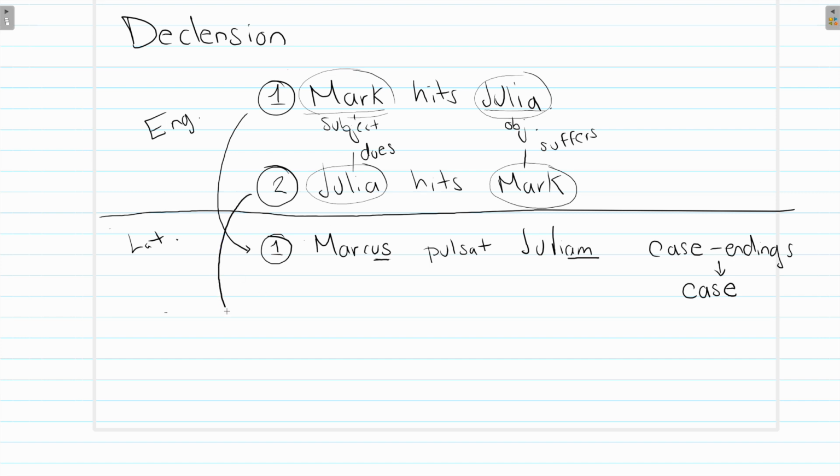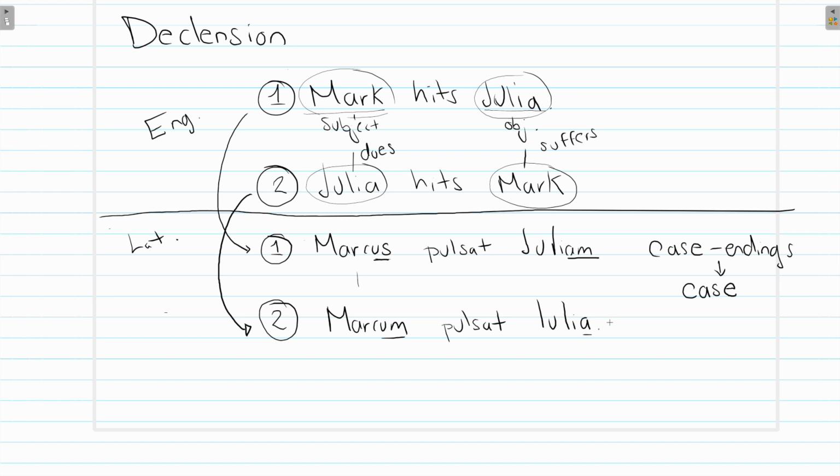Now, look at this. If I write the second phrase in Latin, I have to write, and I will preserve the order of the nouns just to make the point, "Marcum pulsat Julia."